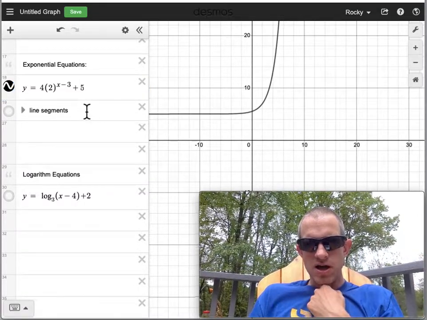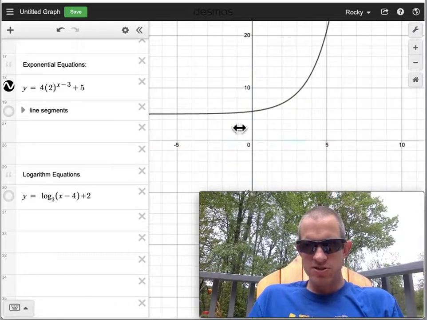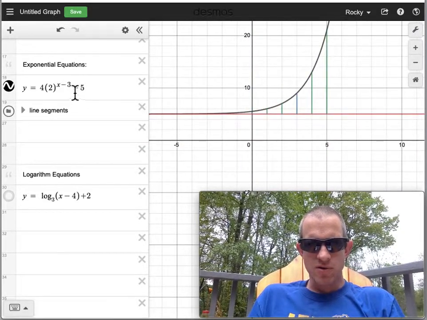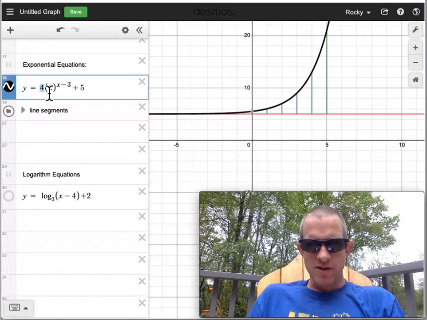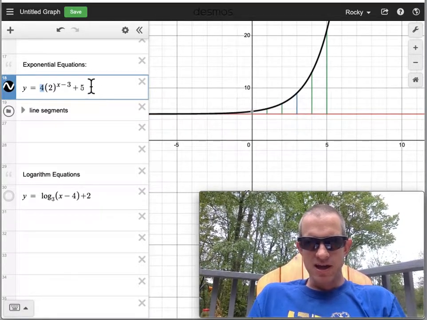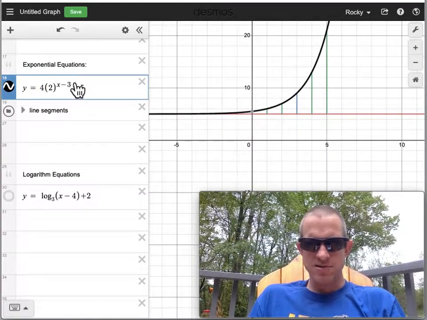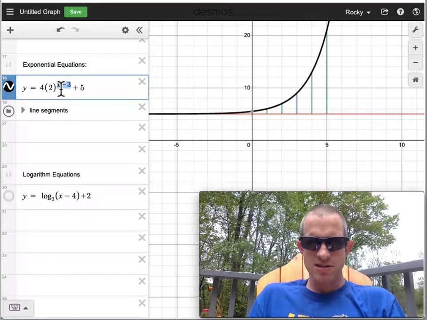So a couple other important features that this graph has I want to call your attention to. The 4 that's in front here, that is a starting height. And this starting height in this case has been shifted over a few spots because of the x minus 3 that's there.